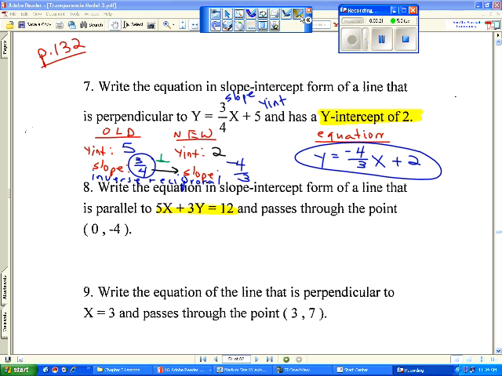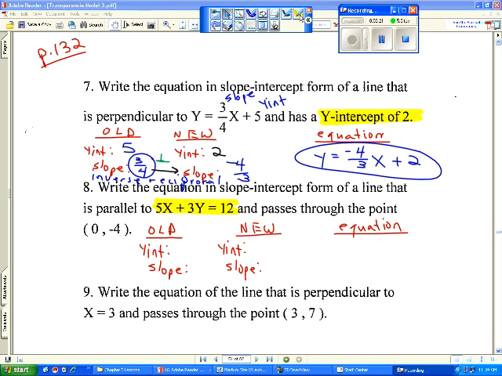Now, what we want to do is name the slope and the y-intercept of the old one, and use those with the information given to find the y-intercept and slope of the new one. Then use my new slope and new y-intercept to write my new equation, which is what I really want.